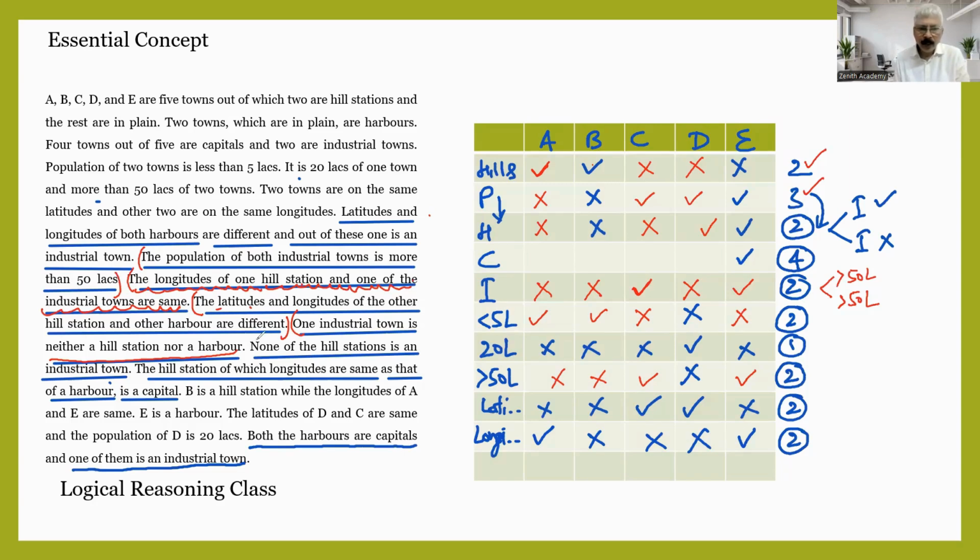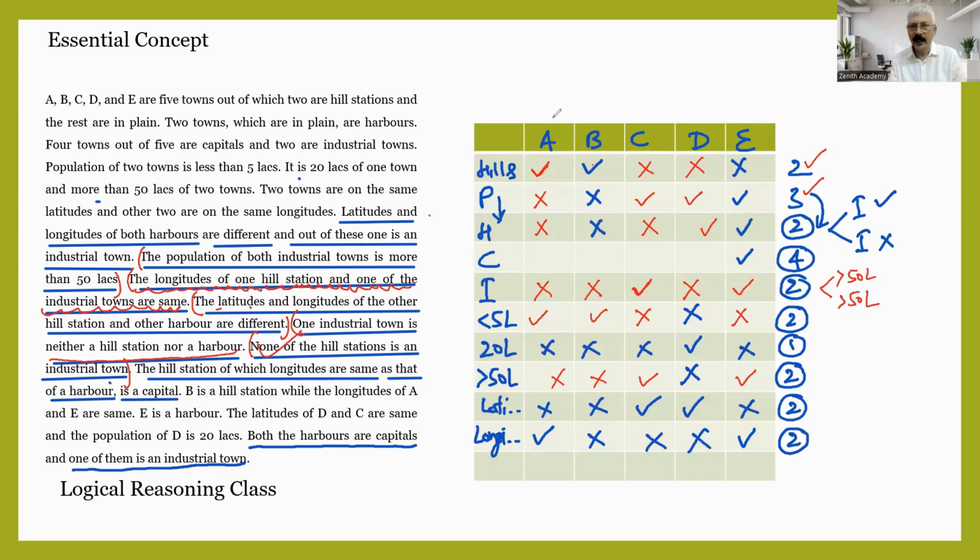Now, none of the hill stations is an industrial town. So now it is very clear. None of the hill stations is an industrial town. Okay, decided. The hill station of which longitude is the same as that of a harbor is a capital.